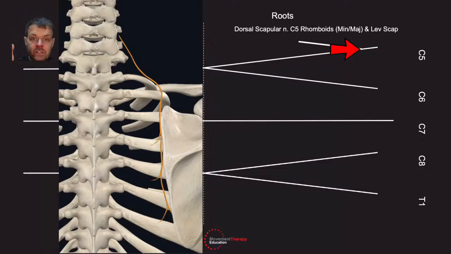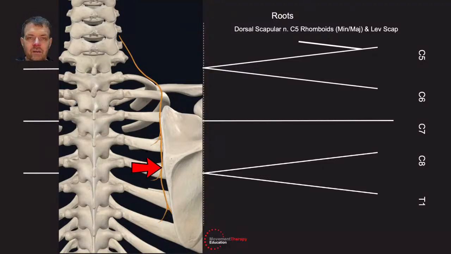As soon as it emerges from the neck and becomes that mixed nerve, we've got an offshoot that goes directly to the rhomboids, minor and major, and the levator scapulae muscle, and it will innervate those particular muscles, and it's called the dorsal scapular nerve. So the back shoulder blade. Okay, so dorsal scapular nerve. This is the pathway of it.